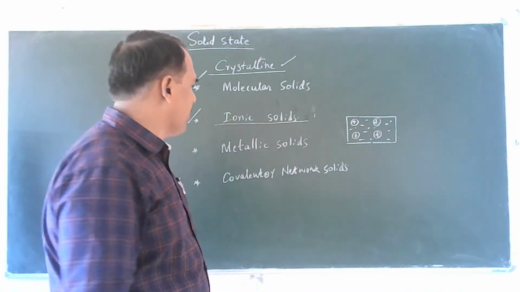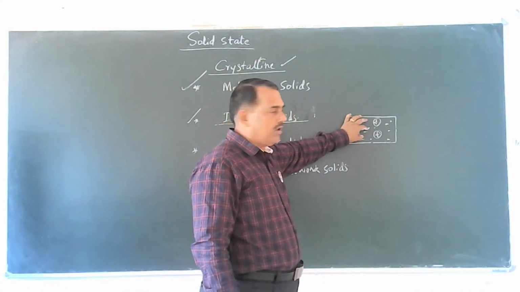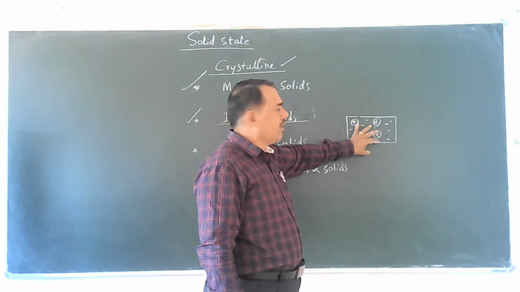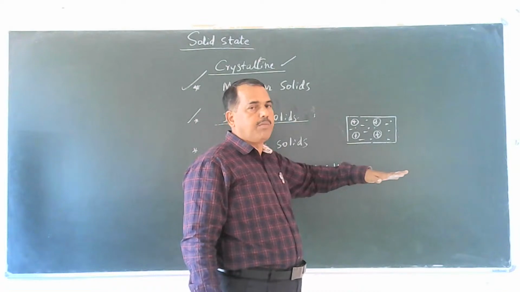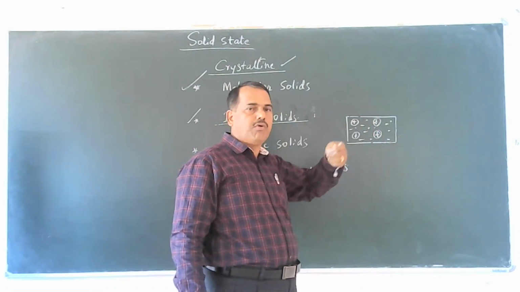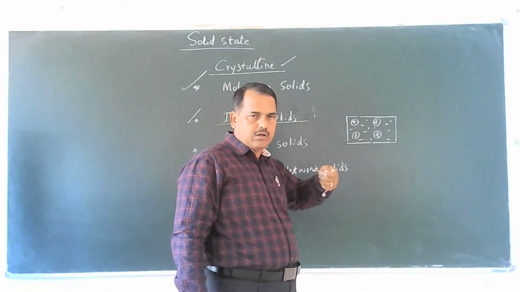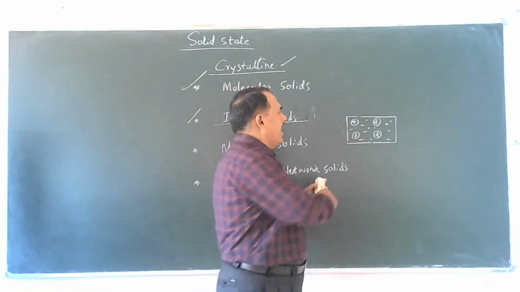What are the important points you have to remember here? Metal kernel, which is nothing but the positive part, is surrounded by a sea of electrons. So metals are malleable and ductile. That means they can be drawn in the form of a thin wire, as well as a thin sheet.